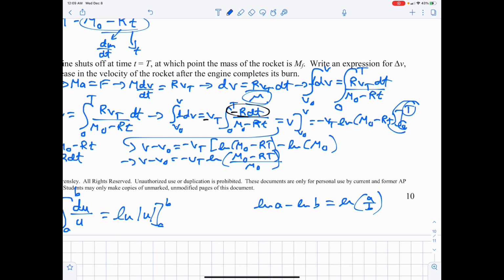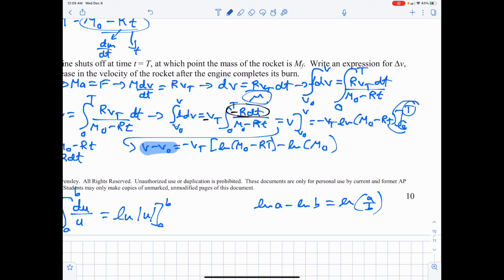And what I'm going to do is back that step up real quick, just to make this a little cleaner and a little neater. V minus V naught, by the way, that's my delta V, which I'm looking for.